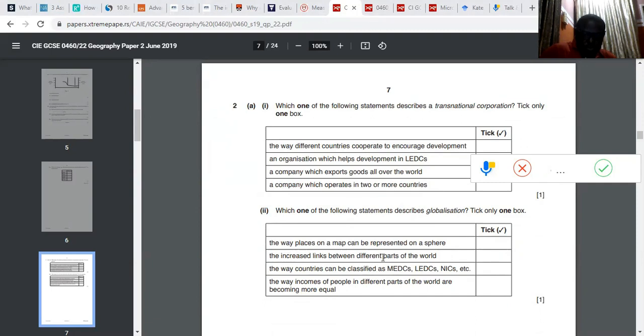The increased link between different parts of the world. I think it should be this answer here. Increased link between different parts of the world. Okay.